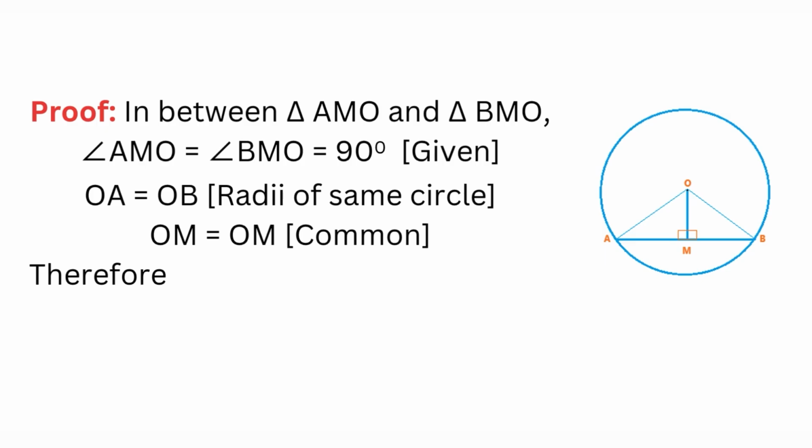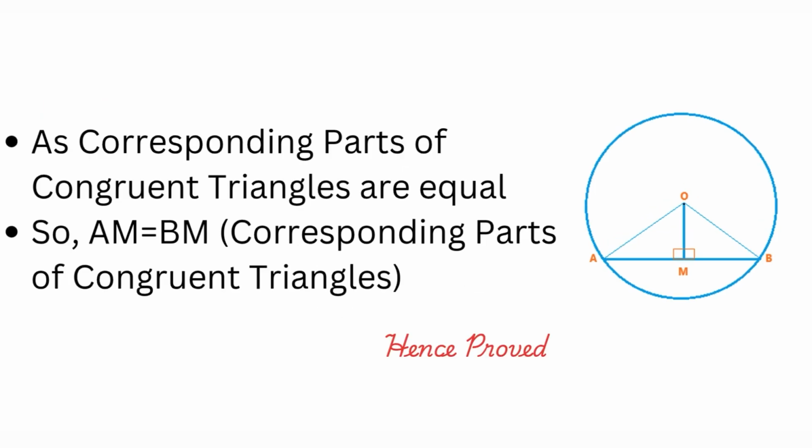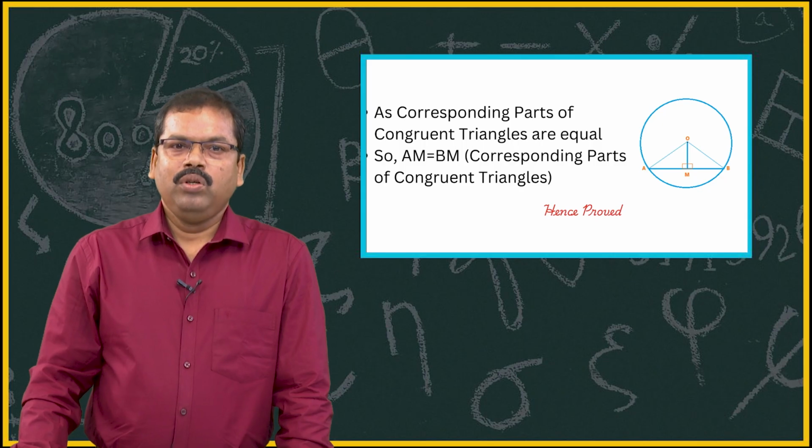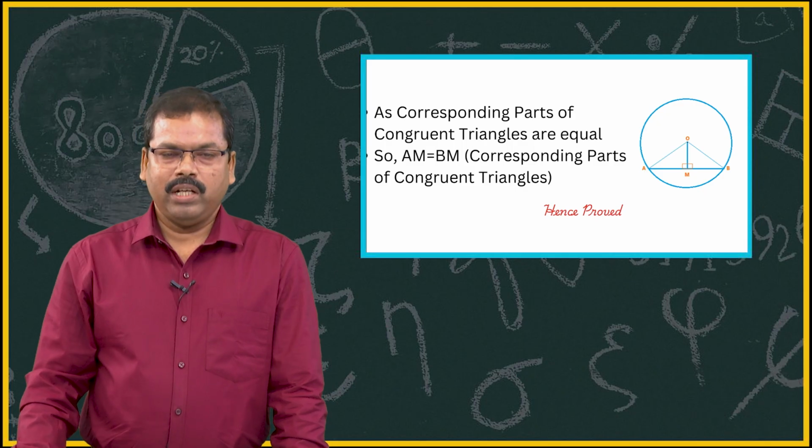Therefore, triangle AMO congruent to triangle BMO using RHS congruence criterion. So, as we know, corresponding parts of congruent triangles are equal. So, AM equal to BM. Why? Because corresponding parts of congruent triangles are equal. So, students, this is theorem 9.3.